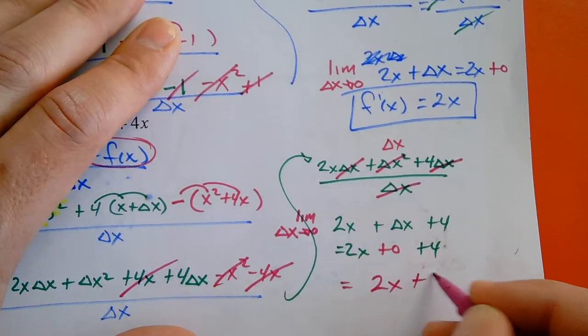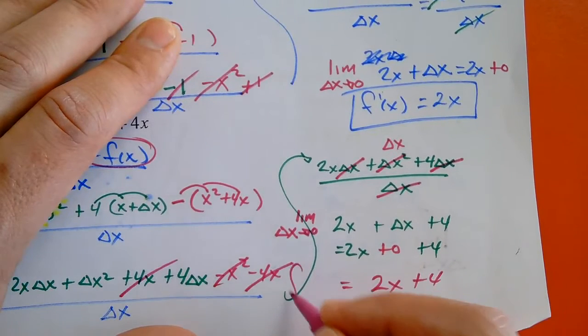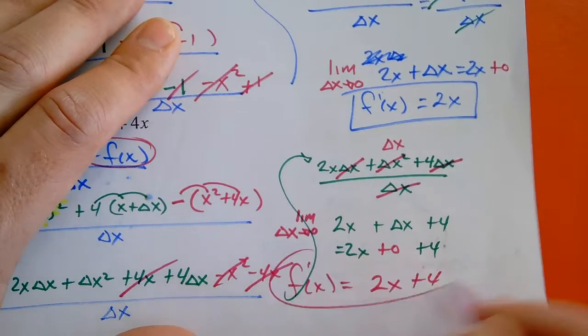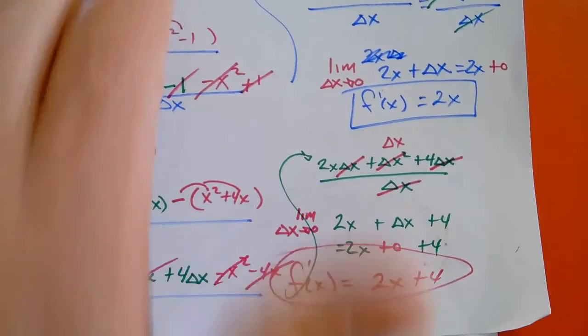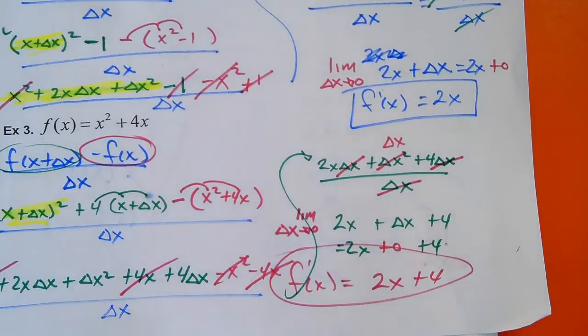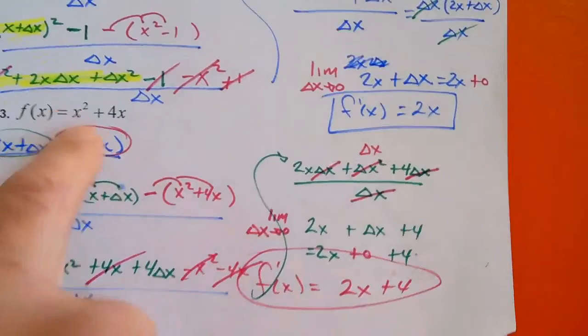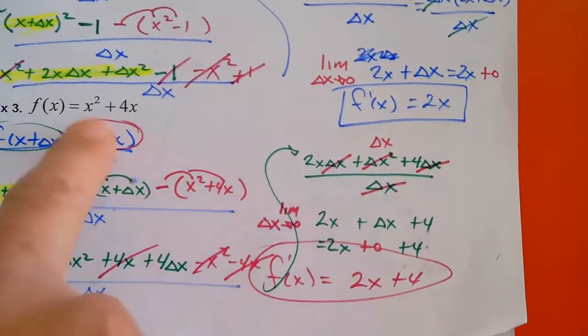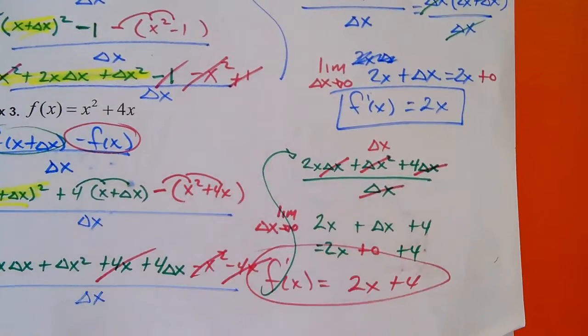So I end up with 2x plus 4 as my final derivative. So I just used the definition of a derivative to find the slope function, the derivative. All right, do we have any questions?